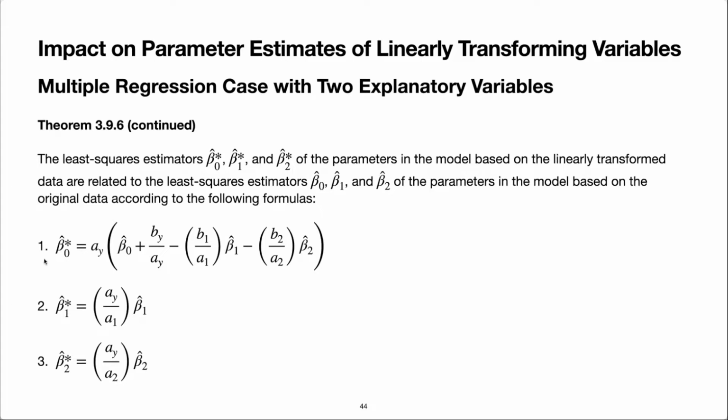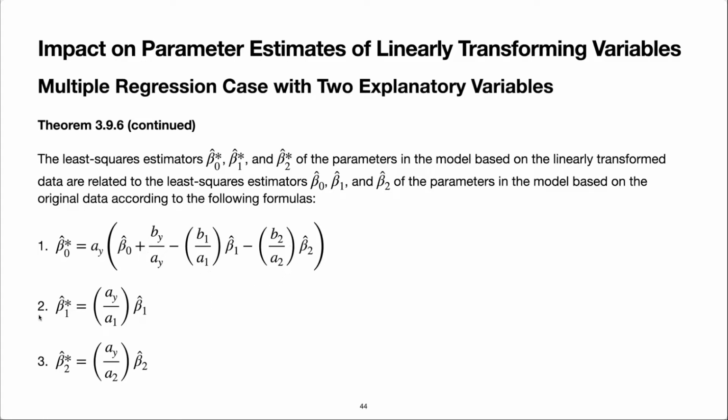So beta 0 star hat is related to beta 0 hat, beta 1 hat, and beta 2 hat according to this expression: a sub y times the quantity beta 0 hat plus b sub y over a sub y, minus b1 over a1 times beta 1 hat, minus b2 over a2 times beta 2 hat.